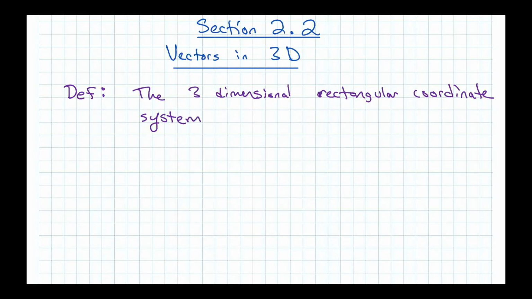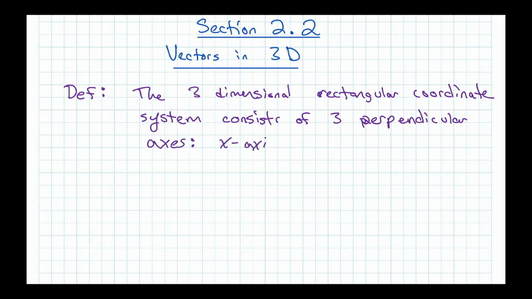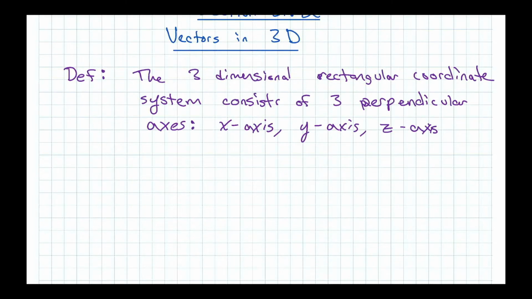The three-dimensional rectangular coordinate system consists of three perpendicular axes. You can guess what they are: the x-axis, the y-axis, and the z-axis.